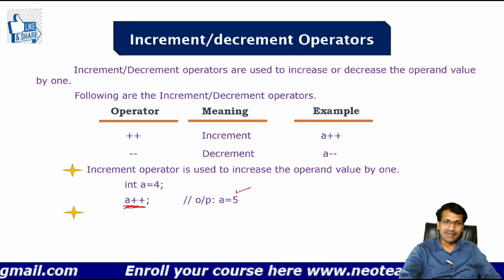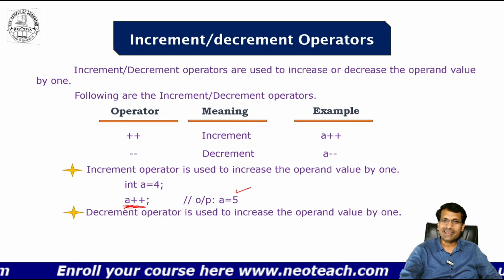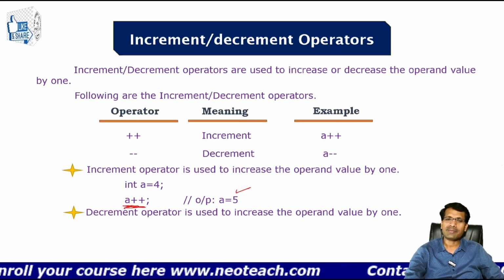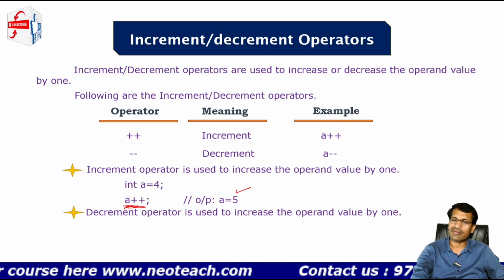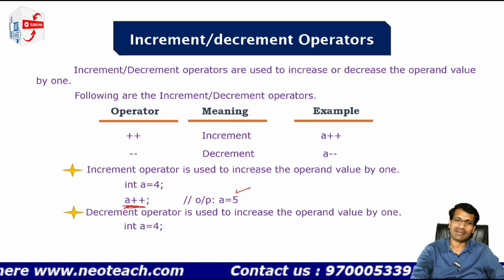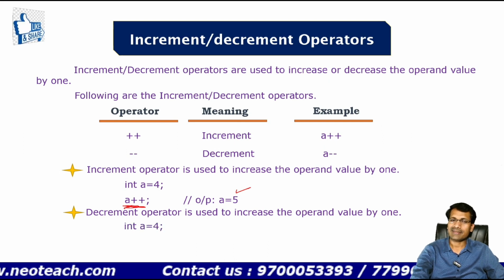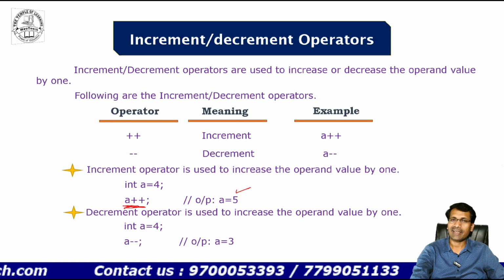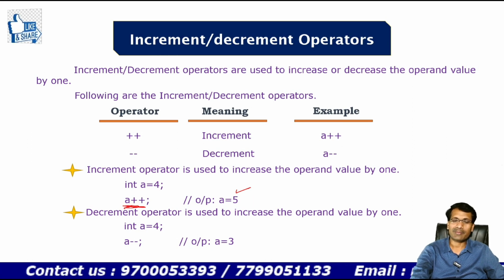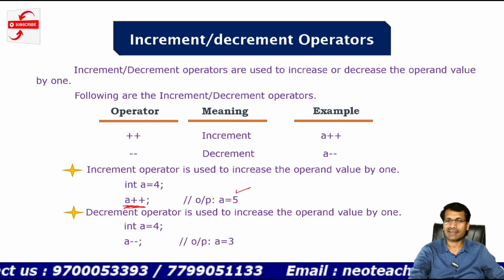In the same way, the decrement operator is used to decrease the operand value by 1, every time by 1 only. Take the example, integer a equals 4, and a decrementation means 4 minus 1, so the output is 3.